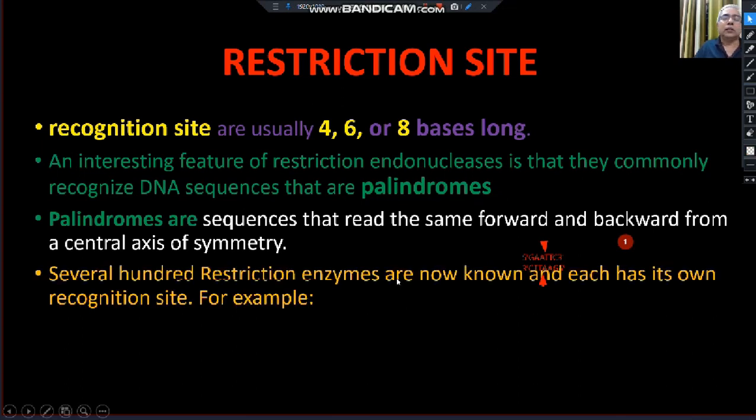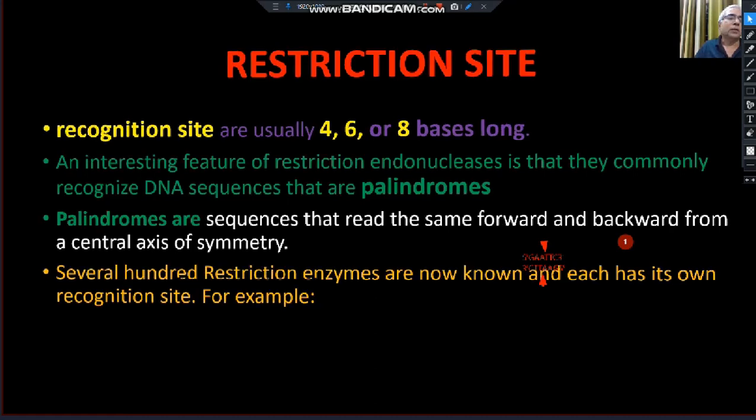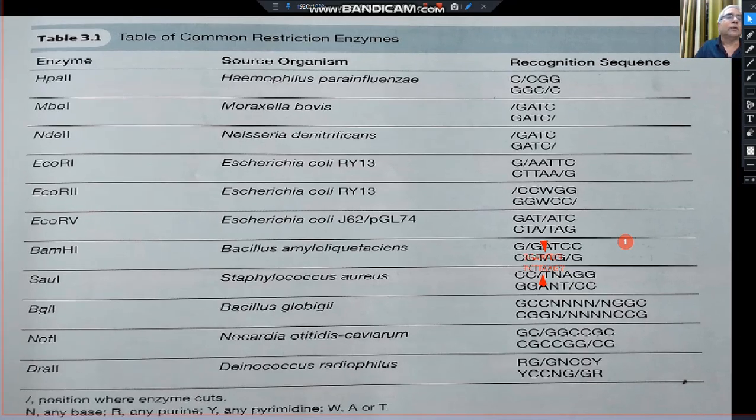Now, there are many restriction enzymes which have been recognized so far from different prokaryotic organisms. For example, here you can see HpaII that has been recognized from Haemophilus parainfluenzae.